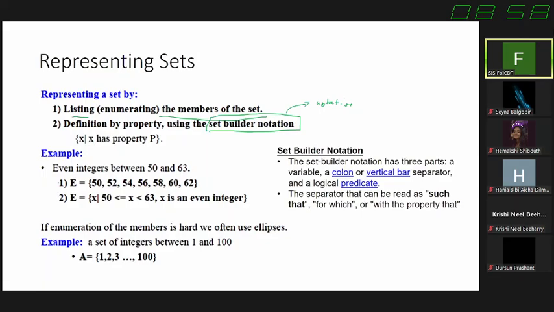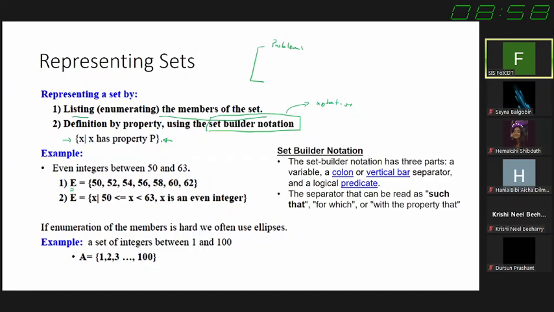So let's say here you have an example: even integers between 50 and 60. So you have a set. Before I do, we'll show you how to read and understand those notations. Sometimes you're going to have questions where a paragraph will be given to you, with a set of problems being explained.